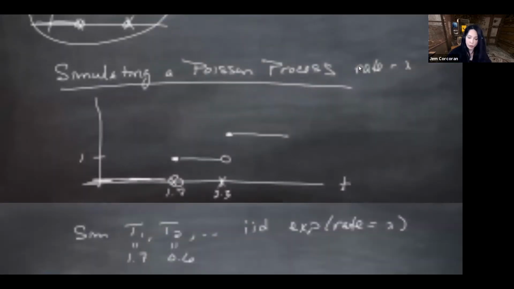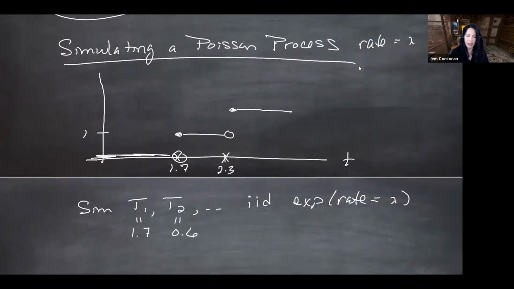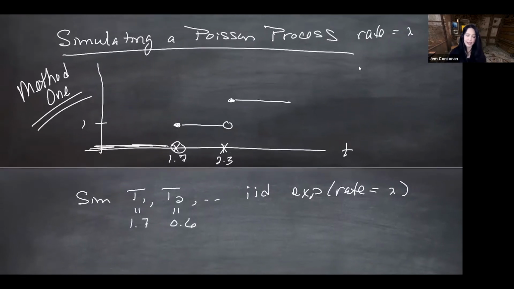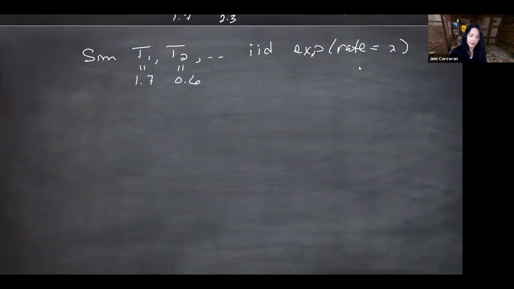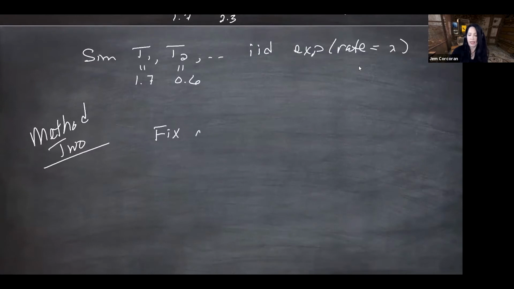The second way that we right now, which is maybe not so elegant as well, so I would call this method 1. But another method, if you only care about a finite time horizon, is to use the fact that we know how to distribute events in a finite time horizon. So method 2 would be to fix a time.